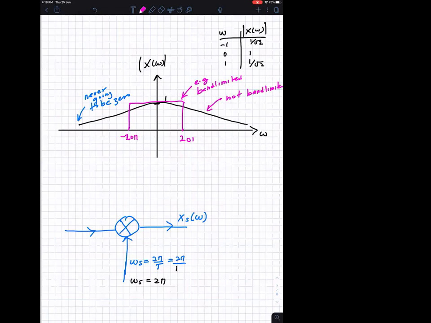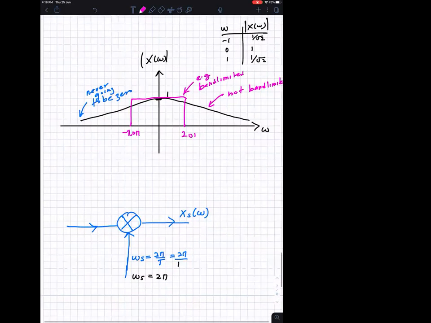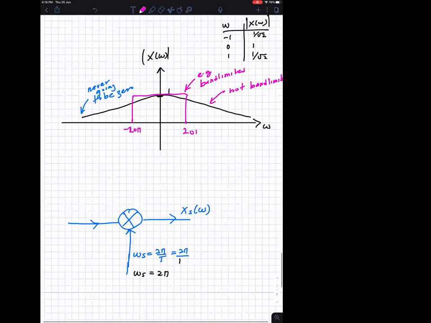If that is the case, let's say we bring this signal here. This is a signal.